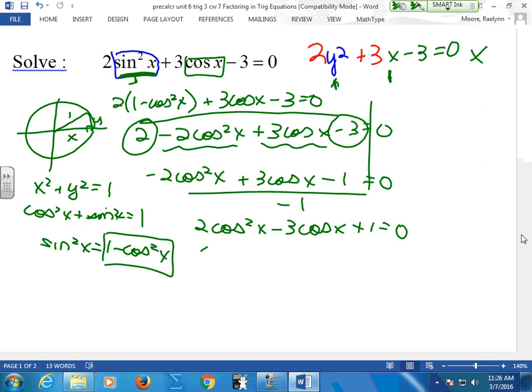So now I can factor. 2 cosine factors into cosine times 2 cosine. What does 1 factor into? 1 and 1. This is why I say you don't get a lot of choices. There's not a lot of factors because your numbers are so small. What signs do I need in here?